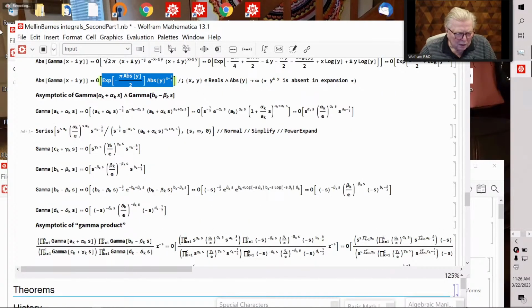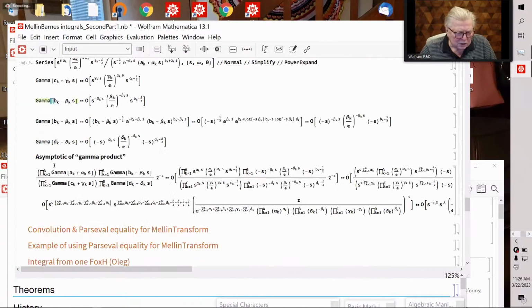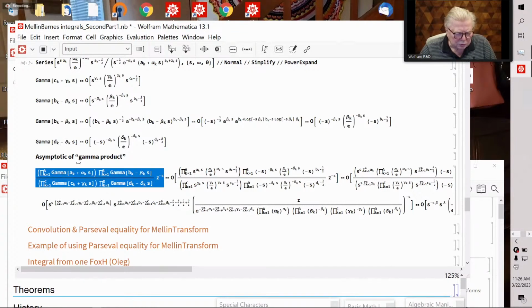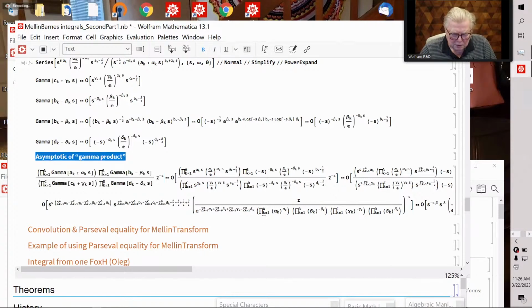But if we have, I applied these Stirling formulas for each of these gammas, and then we have the opportunity to build asymptotics for the gamma product.